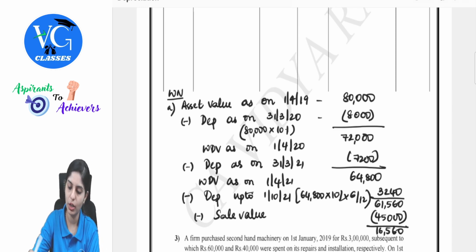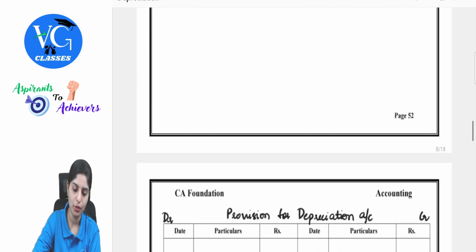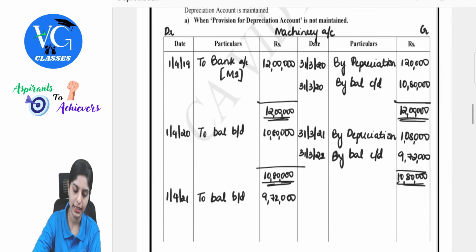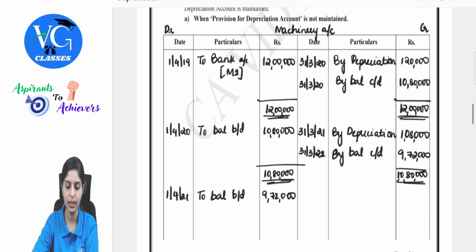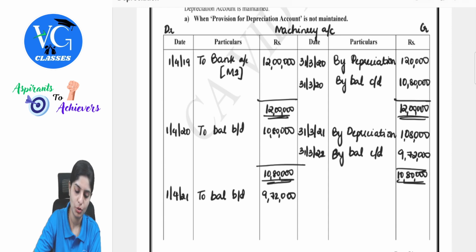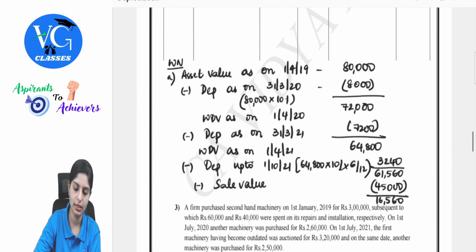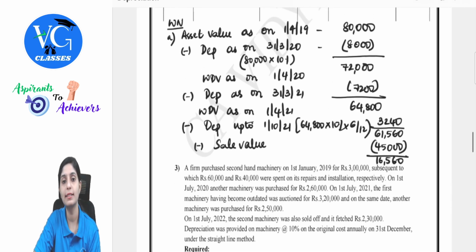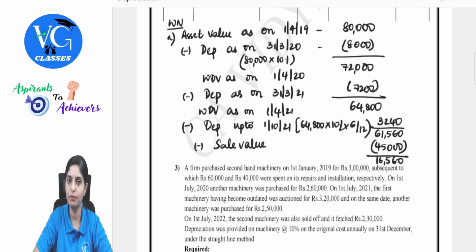See, in this case, what happened is, as we have already recorded the transaction till 1st April 21, the depreciation on the part of 80,000 has already been calculated every year where we calculated total depreciation. So this was required in order to understand what is the WDV as on 1st October.